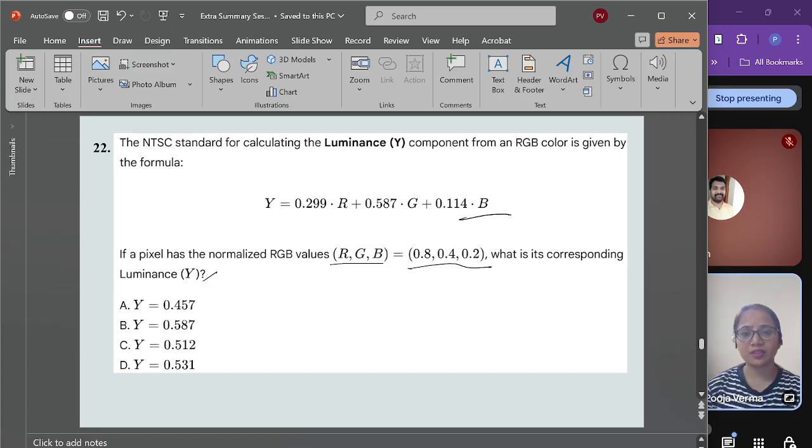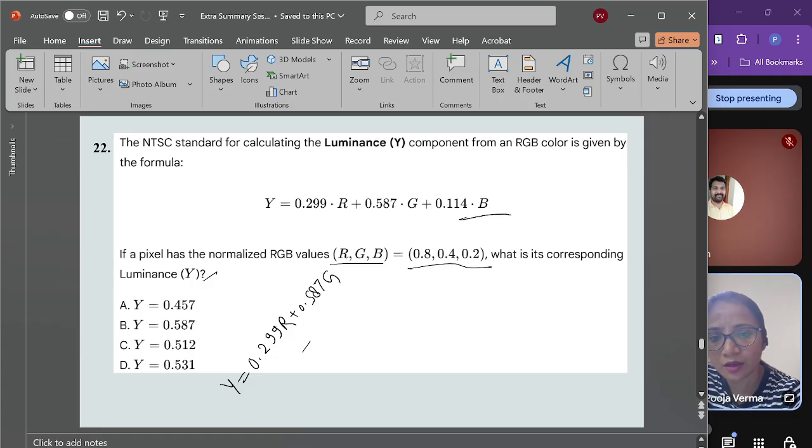The formula is already given here. The NTSC standard for calculating the luminance component from the RGB color is Y equal to 0.299 R plus 0.587 G plus 0.114 B. And RGB values are given, so just put them in: 0.299 into 0.8 plus 0.587 multiplied by 0.4 plus 0.114 multiplied by 0.2.